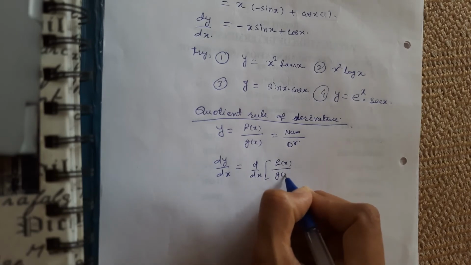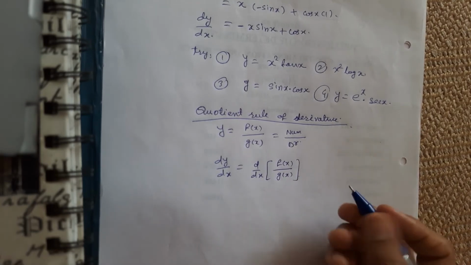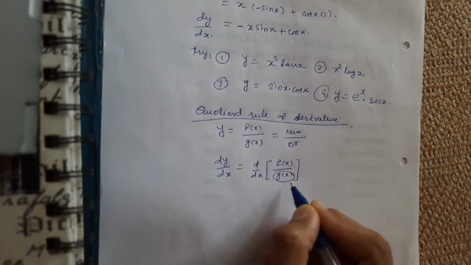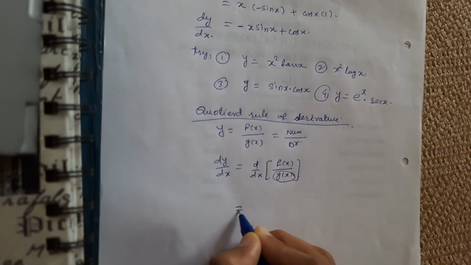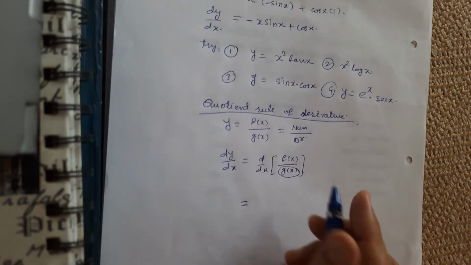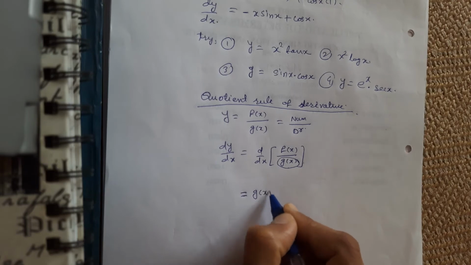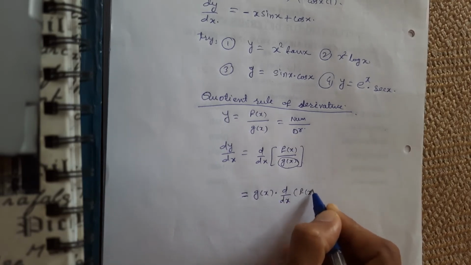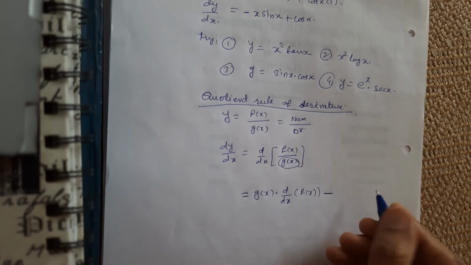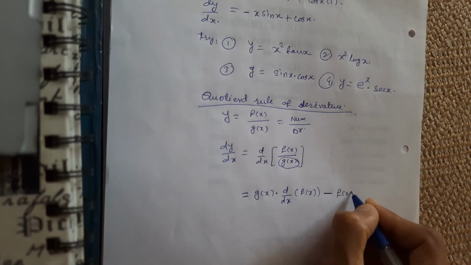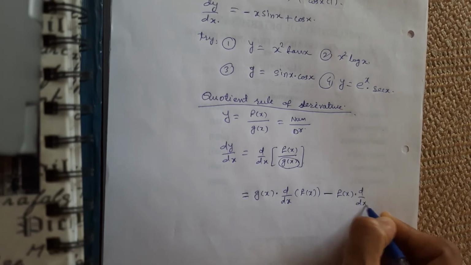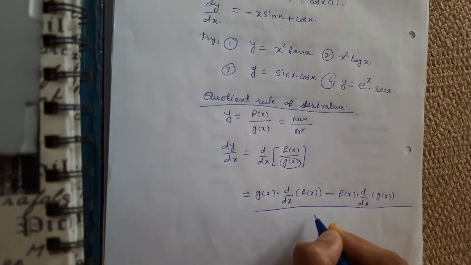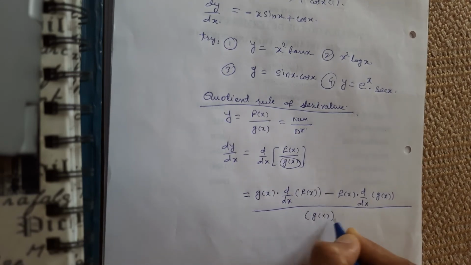f x upon g x. Okay, now remember that always start with denominator. You always need to start with denominator, and remember what I am saying here. So denominator into derivative of numerator minus numerator into derivative of denominator, this whole term is divided by denominator square.